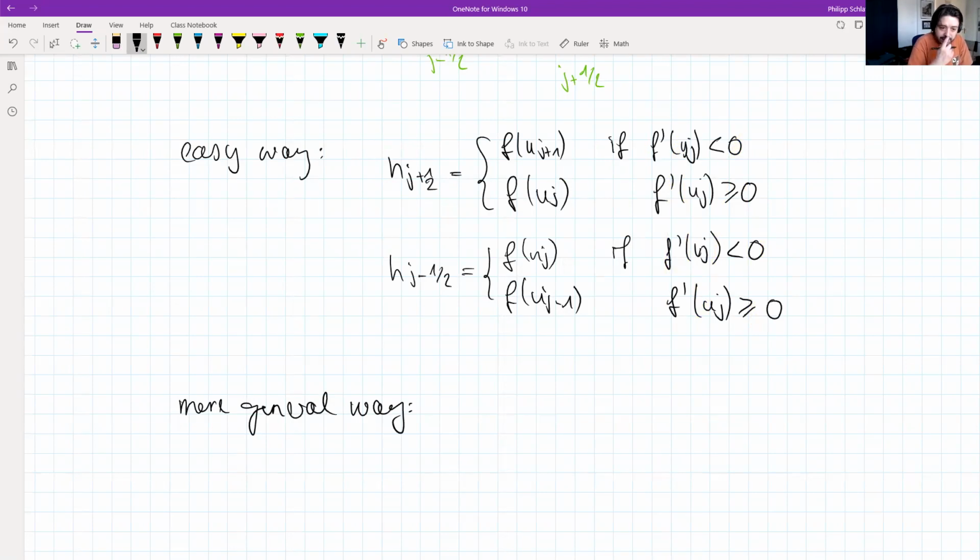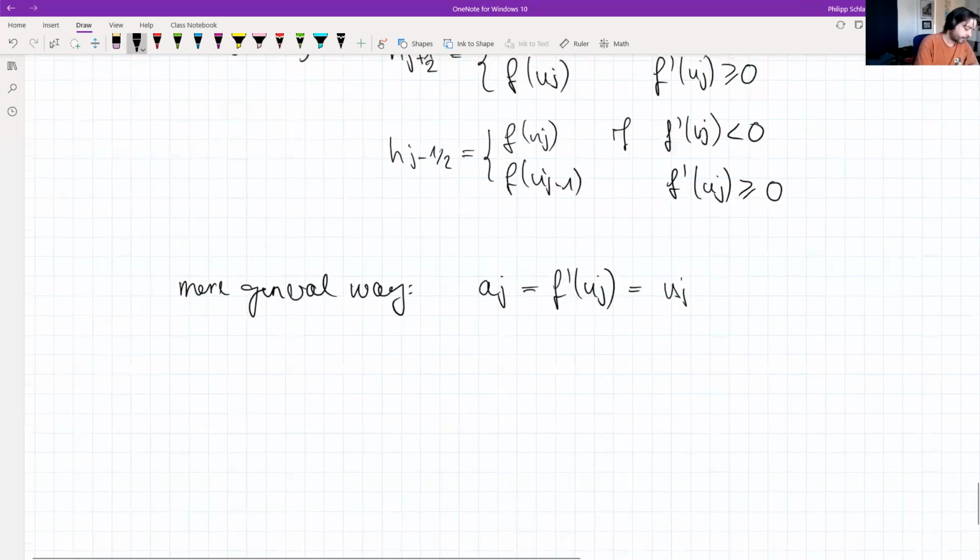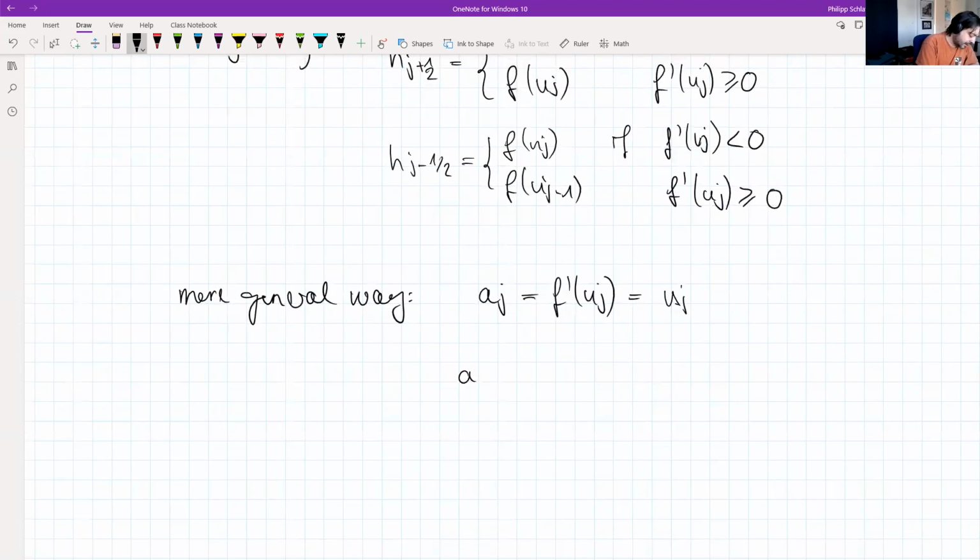Actually, the idea is that I will define two different fluxes. I will define a flux that always goes to the right, and a flux that always goes to the left. So if I now say that locally I define a velocity, Aj, which is f prime at uj, and in this case, for the Burgers case, this would just be uj. Then I can define a flux, A plus, at this grid point, which is the flux that goes to the right.